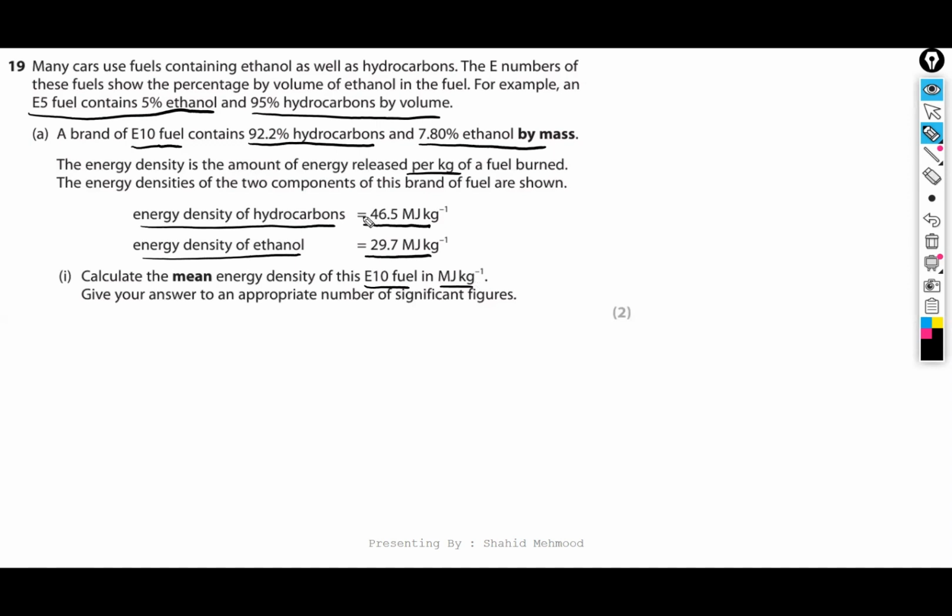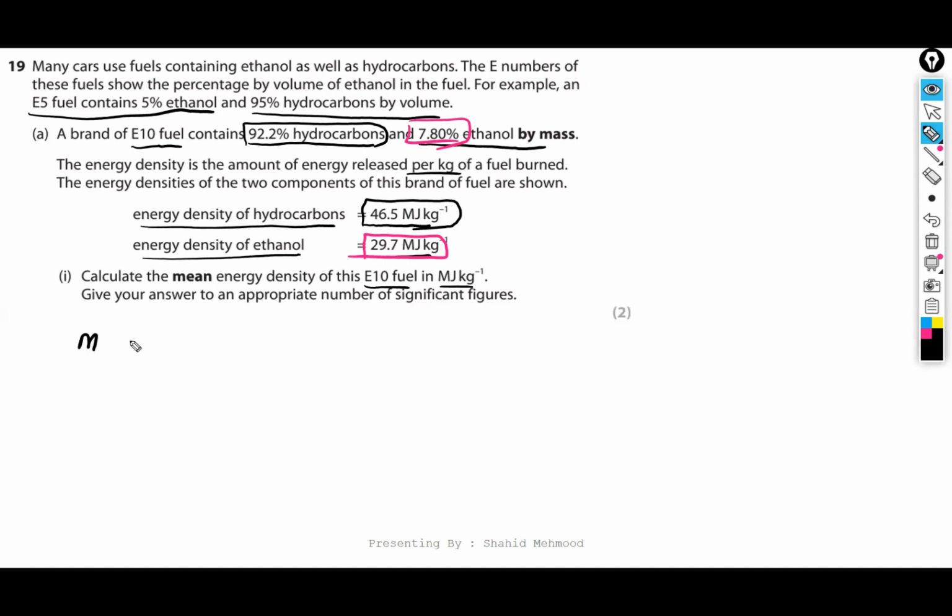This is exactly like the way we find the relative atomic mass. This is the energy density of the hydrocarbon, 46.5, with an occurrence of 92.2%, and this is 29.7 megajoule per kilogram, with an occurrence of 7.80%. So we can calculate it the way we calculate relative atomic masses.